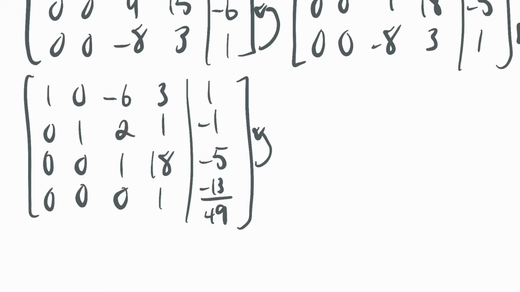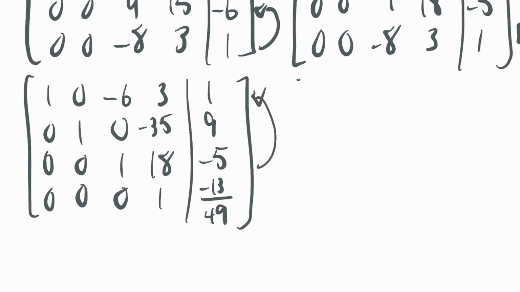We were doubling and subtracting: 0, -35, 9. Then I'll take 6 times this row and add it to the top row.